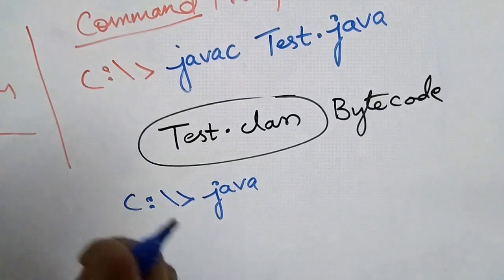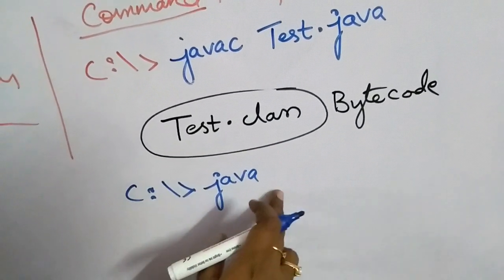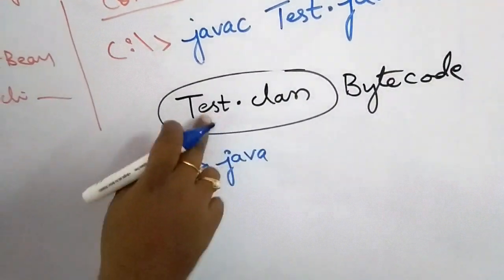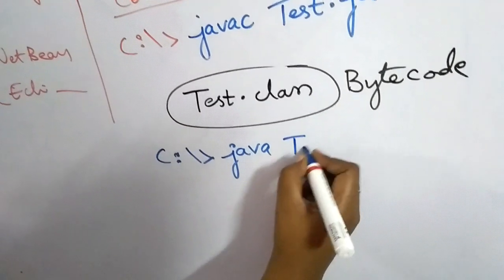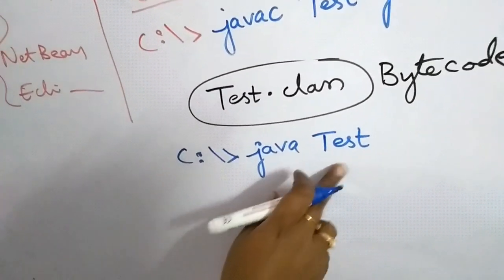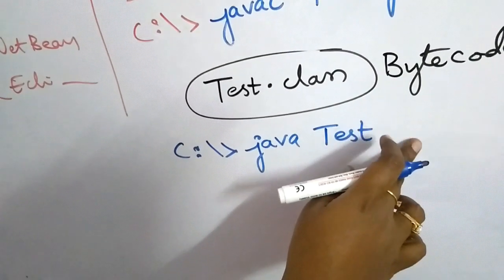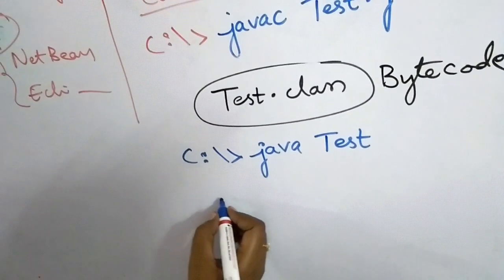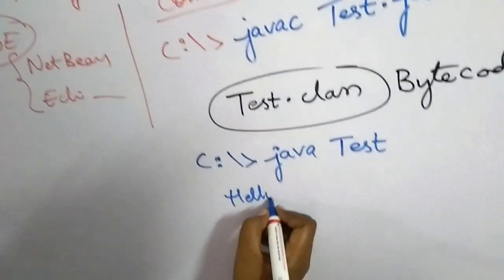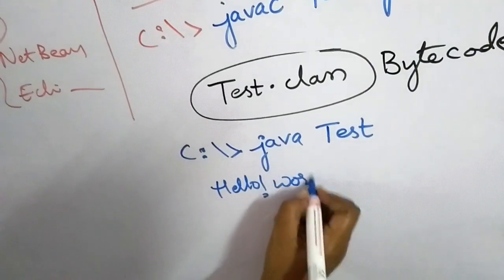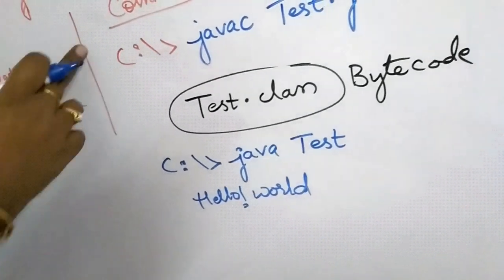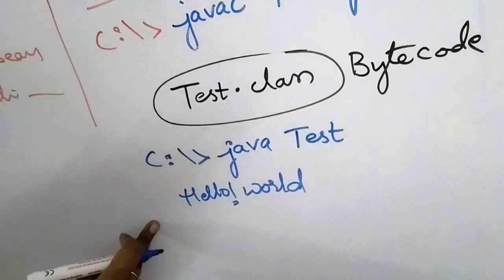Please listen carefully: java space followed by the name of the class. So I should be telling just the name of the class. So java test. And when I press the enter key or the return key, the program will execute and it will print hello world on the screen for me. So these are the steps that you need to follow to execute.